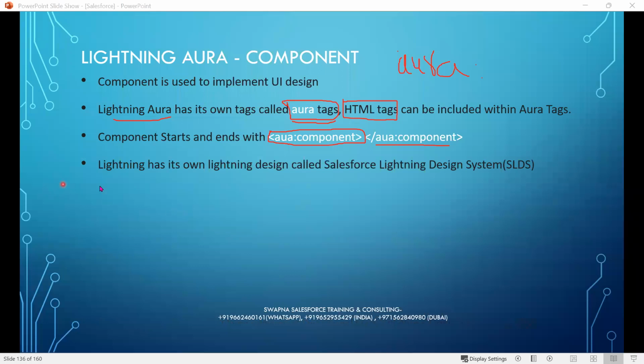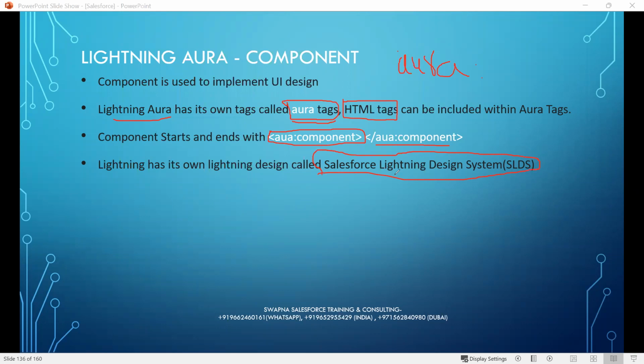And Lightning has its own design system, the Salesforce Lightning Design System, SLDS. So what is this? We will see more in our live sessions. For now, understand that Lightning has its own design system called SLDS.